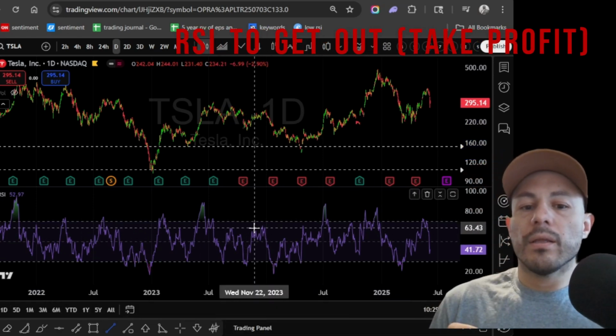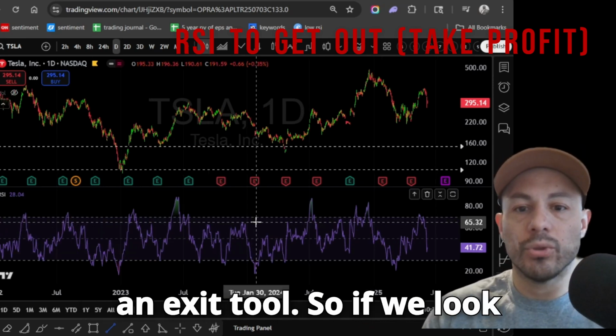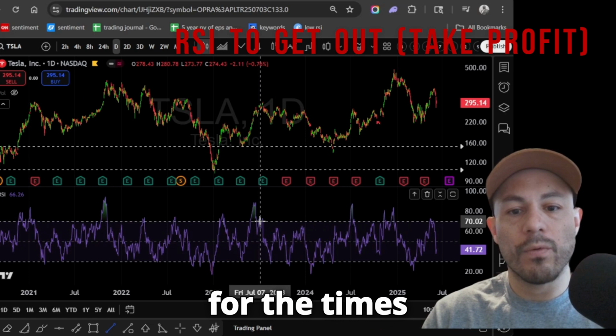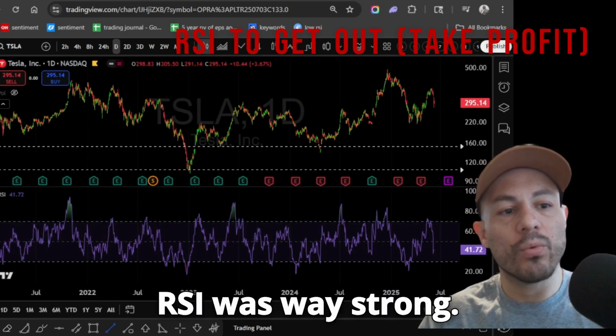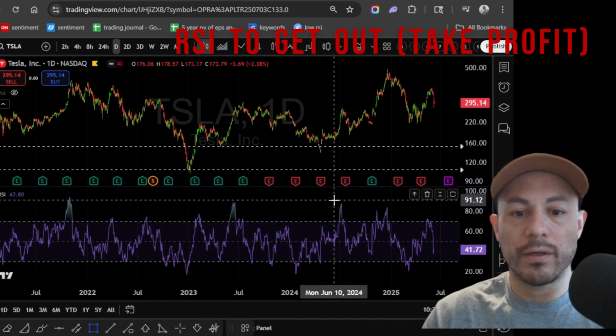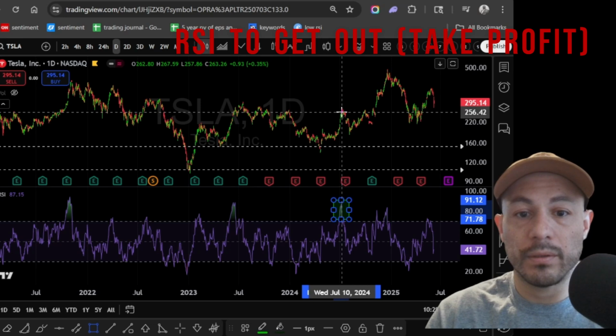Now, the other way to use RSI is as an exit tool. So if we look for the times RSI was way strong, that ended up being a short-term top.